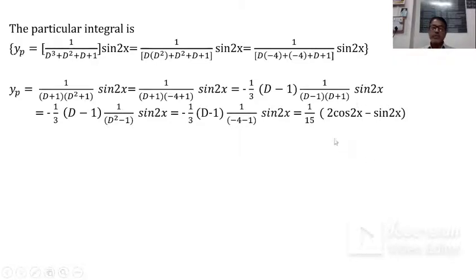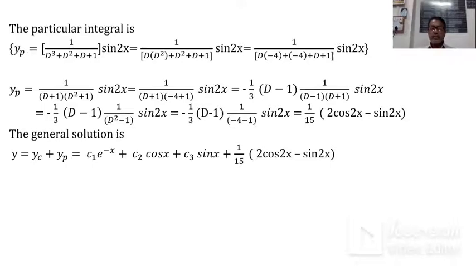These are the two methods, and you may apply any one out of these two. Here we obtain yp is equal to 1 upon 15, 2 cos 2x minus sin 2x. And then from this, write the general solution. y is equal to yc plus yp. We have found the yc already.